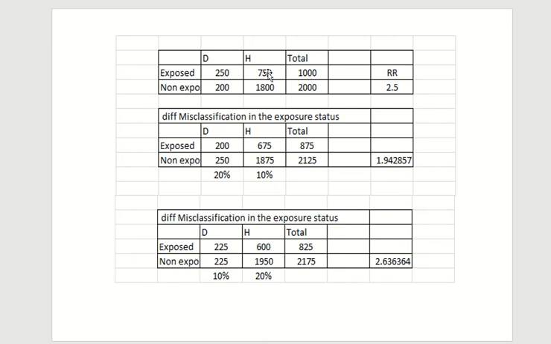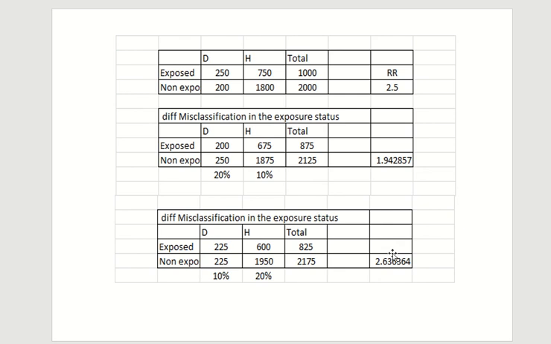However, in the healthy, now I'm going to make a mistake of 20%. So I remove 150 and put them below, so 600, and I remove them down. If you recalculate the relative risk, it comes out to be 2.63, which is larger than 2.5. Meaning this biased relative risk of 2.63 has been biased away from the null.